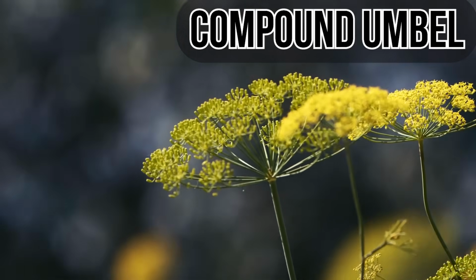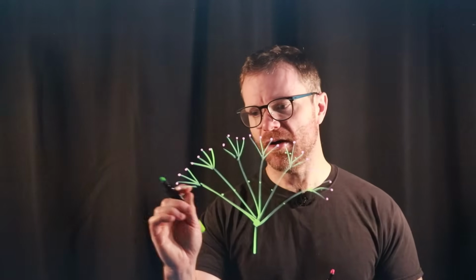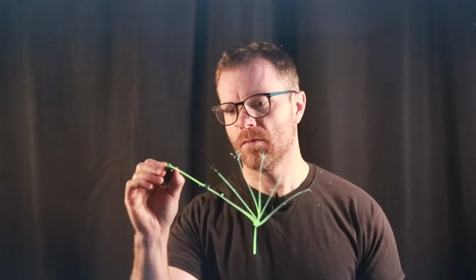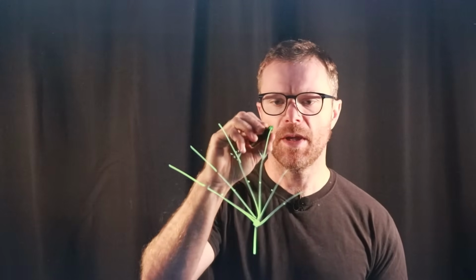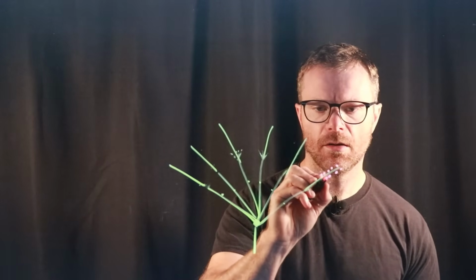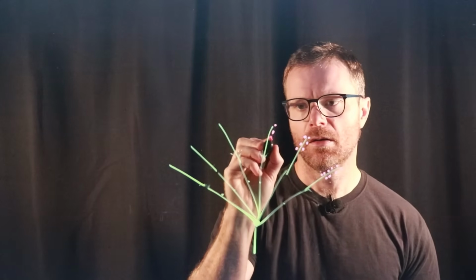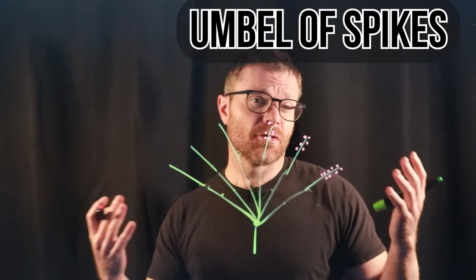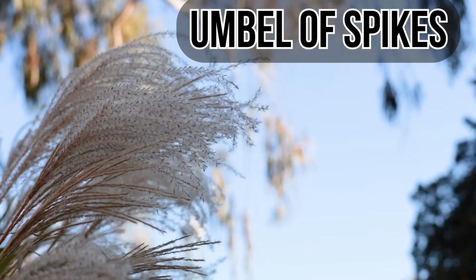If this bottom structure was an umbel, but in the top, instead of having umbels, we had something like maybe spikes. This would be an umbel of spikes or an umbel of spikelets, little spikes, that kind of thing.